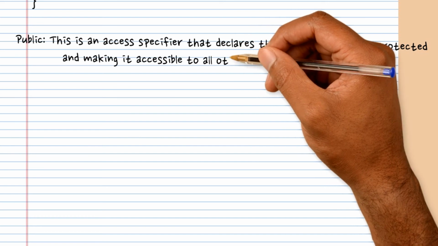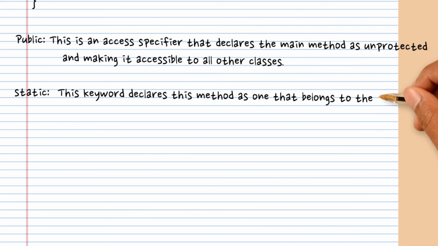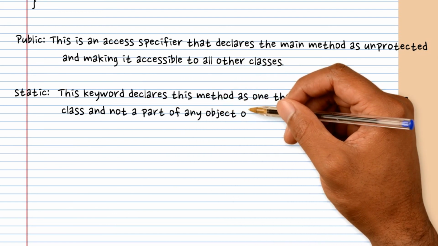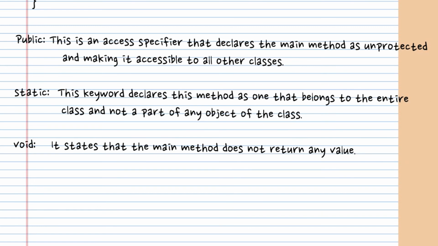Public is an access specifier that declares that the main method is unprotected. Next, static defines that the method belongs to the entire class and is not part of any object of the class. Void represents that the main method does not return any value.